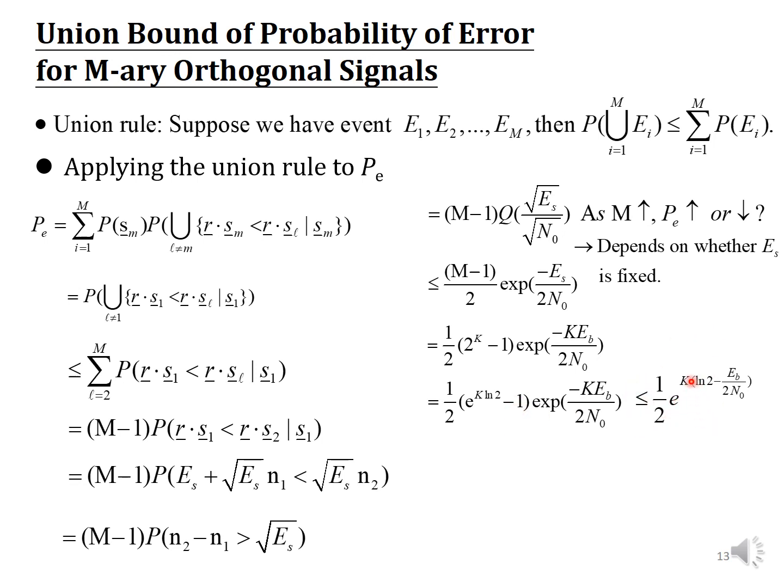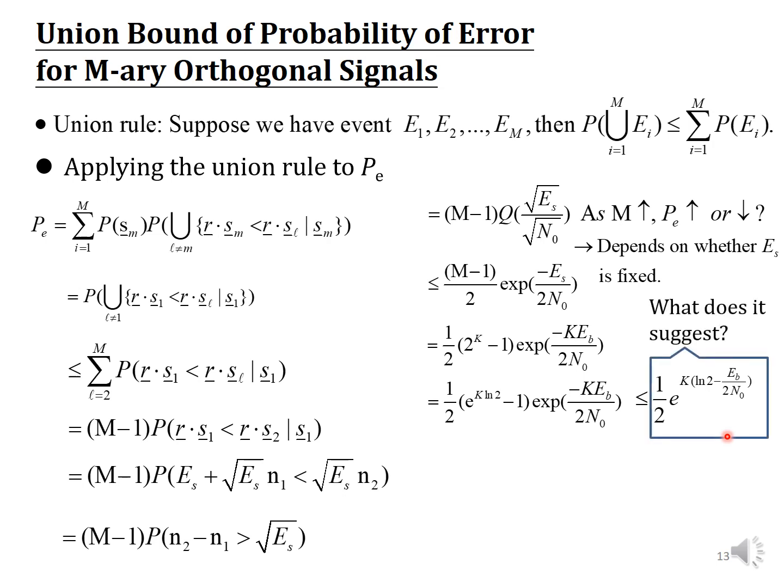So it's exponential of k ln2 minus k Eb over 2N0.